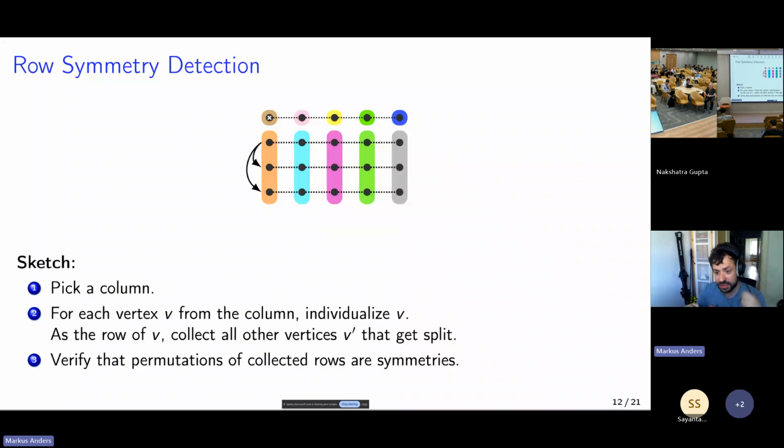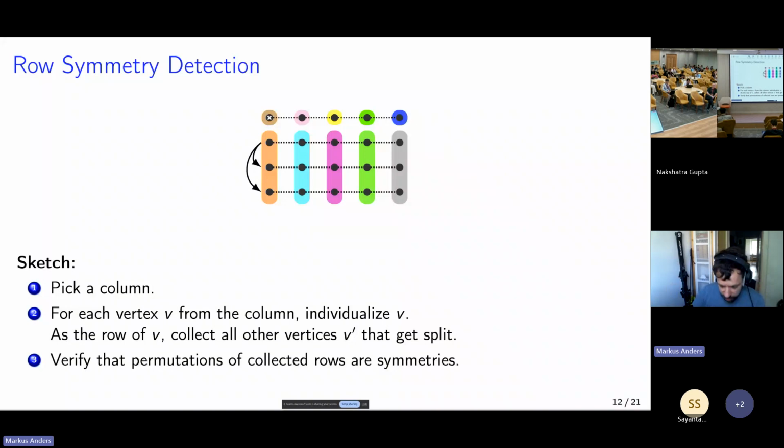That means if we stabilize one of the points in a row, this will stabilize all of the other vertices in the row as well. And this is how the algorithm works. We stabilize one of the points, and then we collect all of the other points that got stabilized by this action. And this will give us our candidate rows.